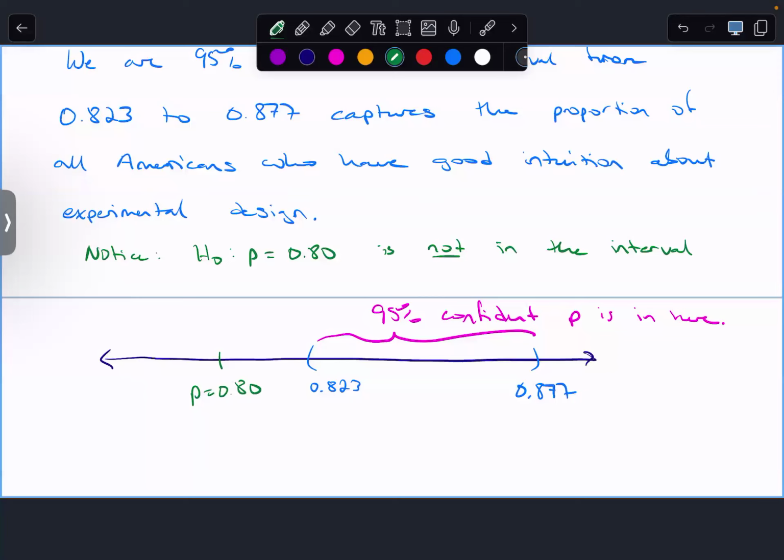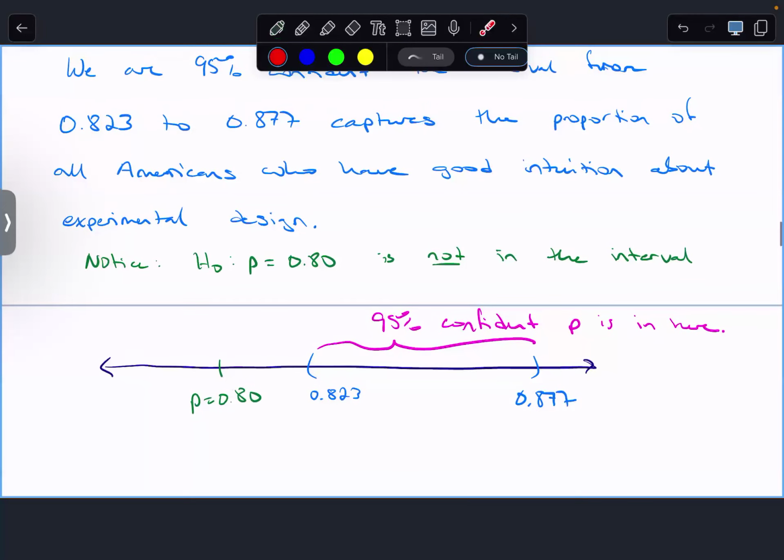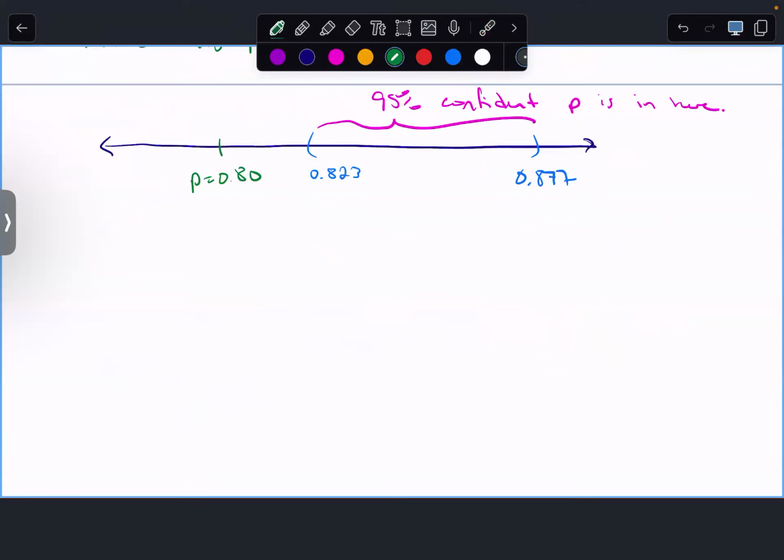There's a chance that I'm wrong, but if I'm 95% confident that somewhere in here is where my population proportion is, then that's evidence against p being 0.8. And so here, since p equal to 0.80 is not in the confidence interval, we have enough evidence to reject H naught.